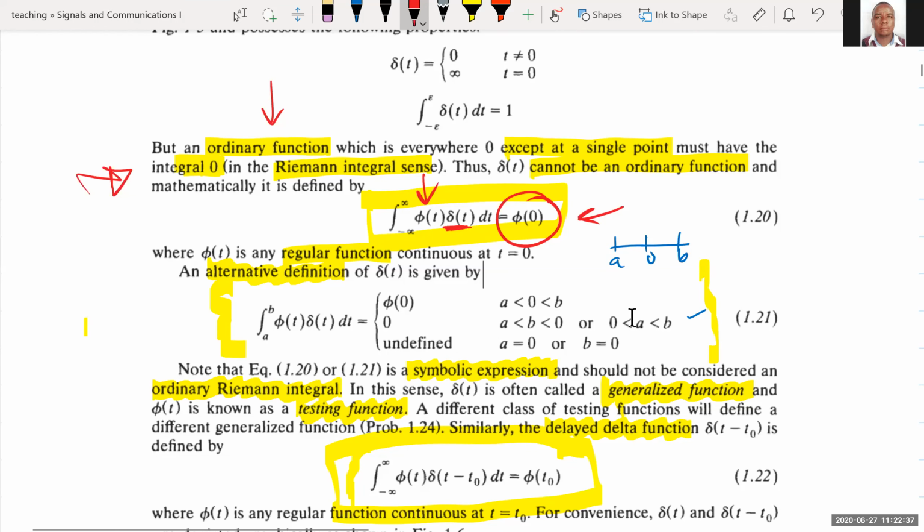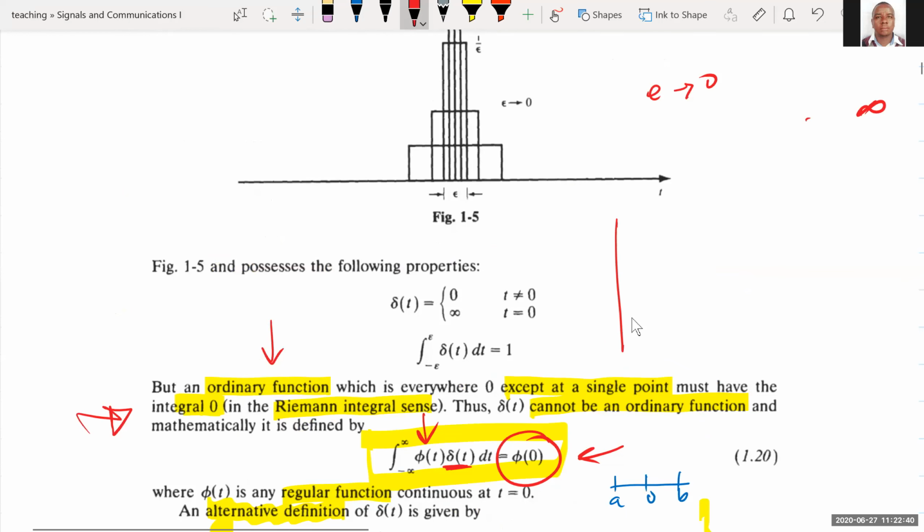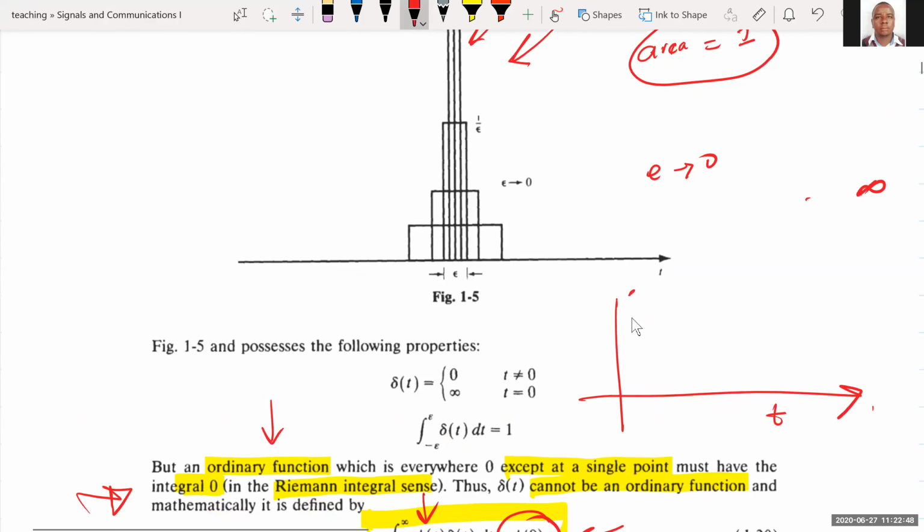Graphically, this is time, and this is my function phi of t, with time 0, 1, 2, 3. The integral from minus infinity to infinity of phi of t multiplied with the delta function is equal to the value of this function at 0.